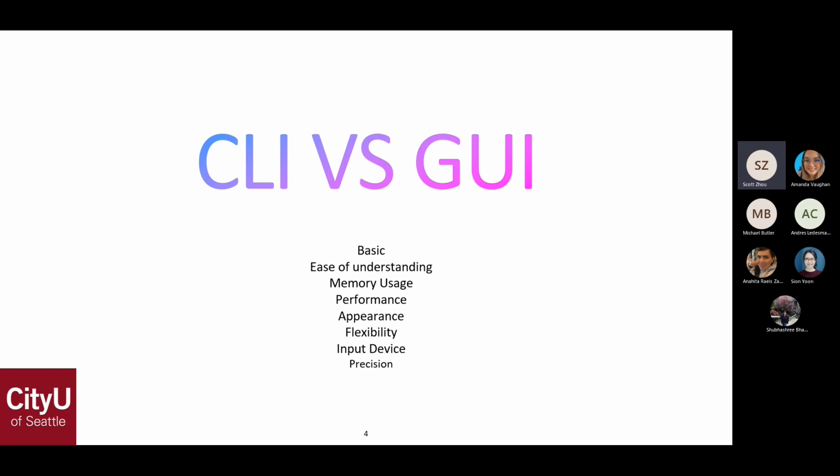You can see a lot of apps that allow you to choose different things, change the color, or give you a little bit of choice of what you want the UI to look like. And then GUI is using both keyboard and mouse, and CLI is only using keyboard. So CLI has higher precision compared to the GUI.